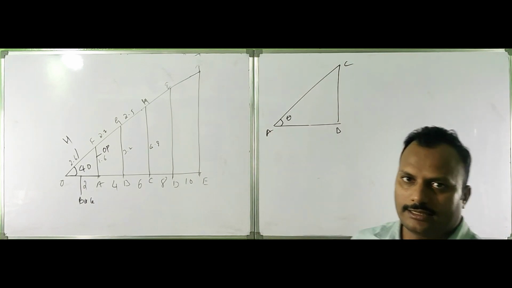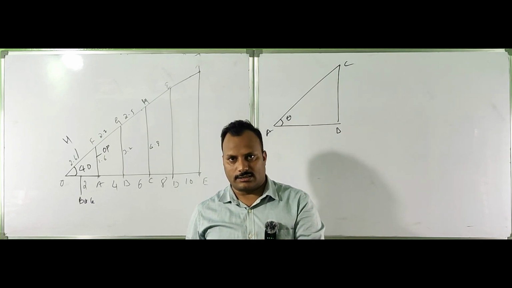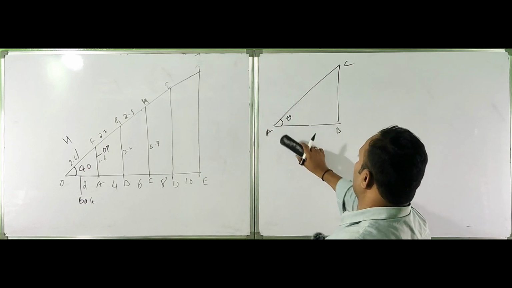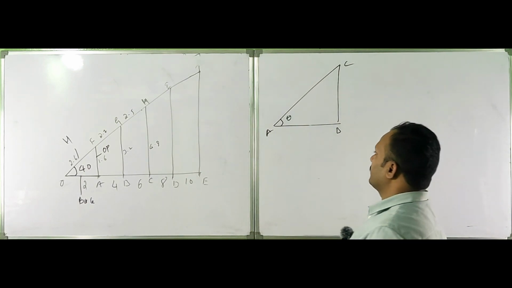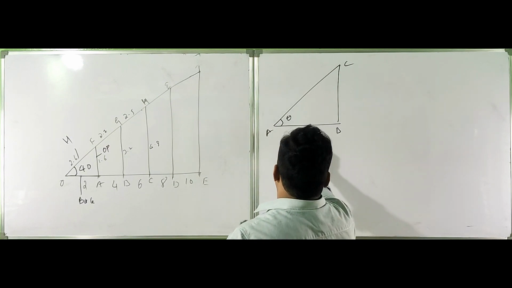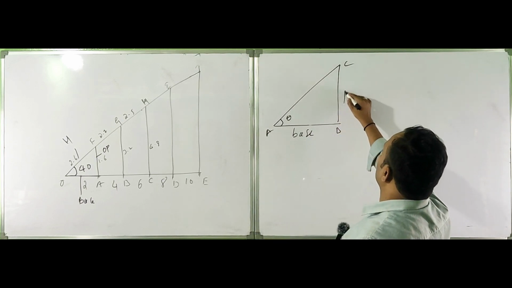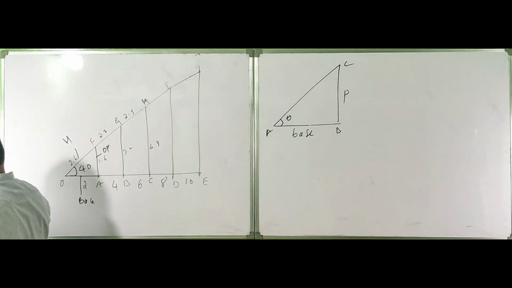Theta is the space made by the two line segments AB and AC with a common vertex, and the common vertex is A. This is called the base, and this is called the perpendicular, or as given in some books, the side opposite, the hypotenuse.